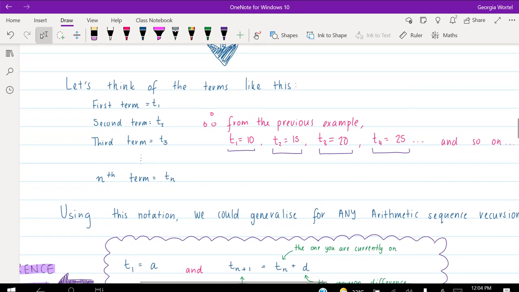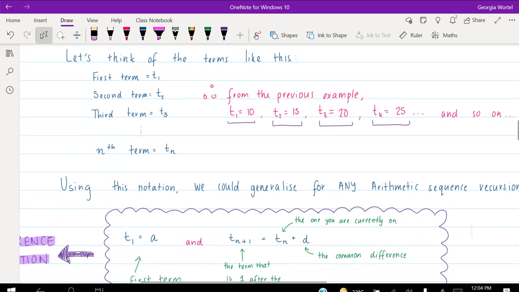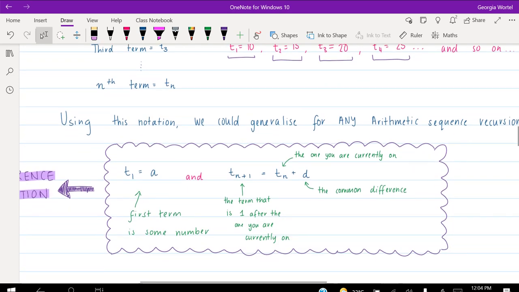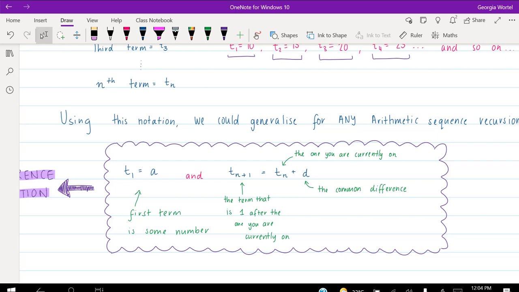And using that notation, we could generalize for any arithmetic sequence recursion, even if we didn't know the numbers. So T1, let's just call it A. We don't know what it is. I'm just going to call it A. And then Tn plus 1. Let's have a think of what that means. N just indicates the term that you're on at the moment. So Tn plus 1 means the one after the term that you're on at the moment.